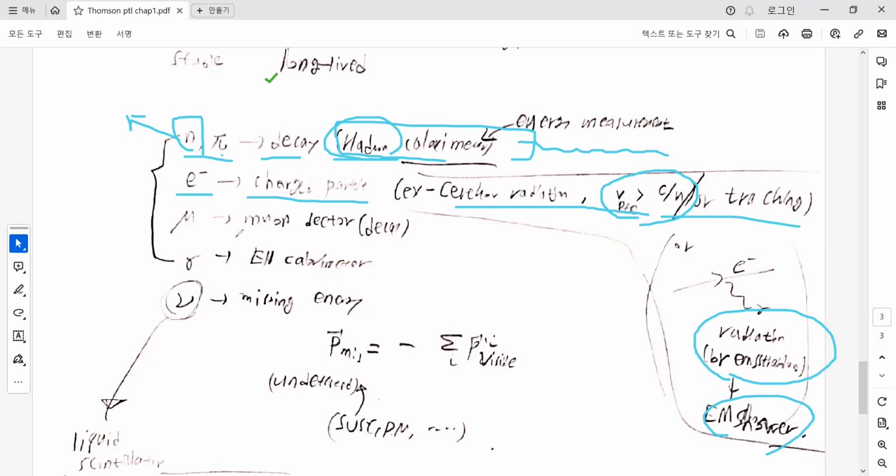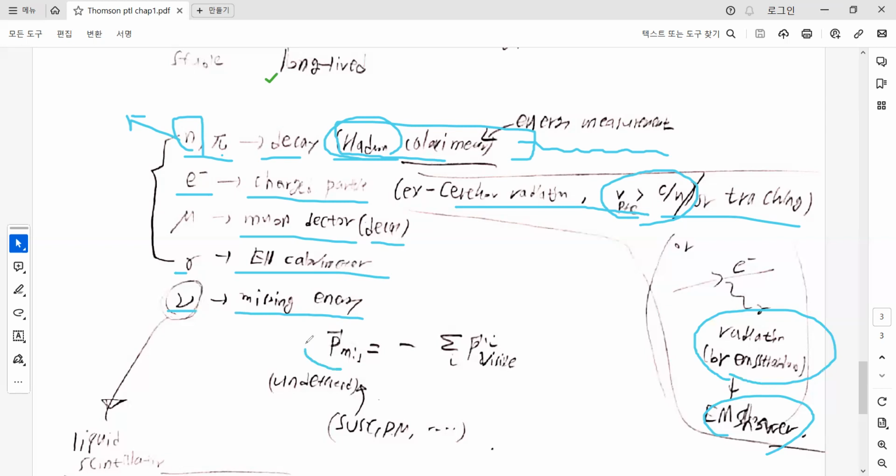The muon detectors use the muon's penetration, and the photons can be detected by the EM calorimeters with energy measurement. And neutrinos show up as missing energy. They are hard to detect and require very large volumes of detectors. In the LHC, like the colliders and detectors, neutrinos show up as missing energy.